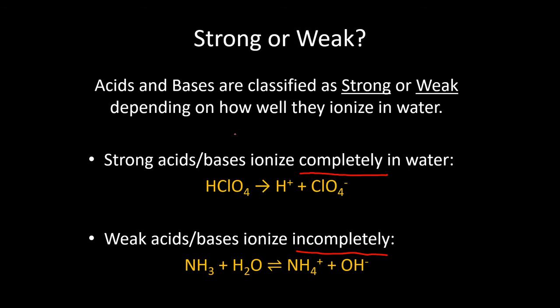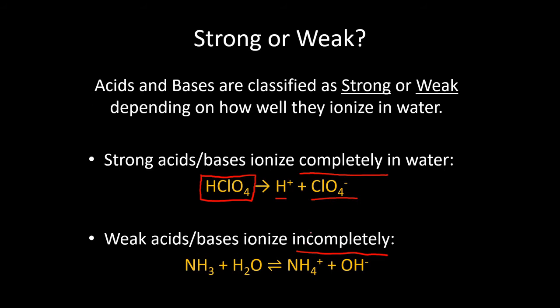When I say that it completely ionizes in water, I'm saying that if you take perchloric acid, which is what this is, it is a strong acid. If you put, just for sake of simplicity, we'll use a small number, 100 molecules of perchloric acid into water, every single one of those molecules is going to break apart into H plus and ClO4 minus.